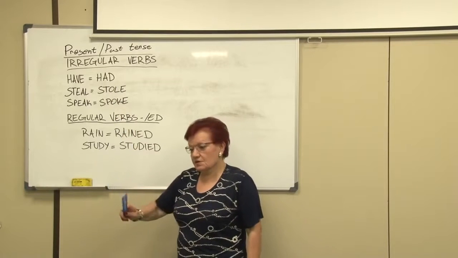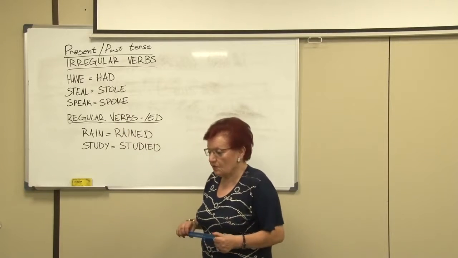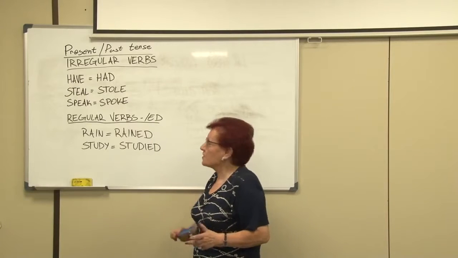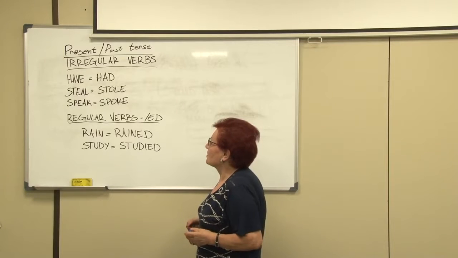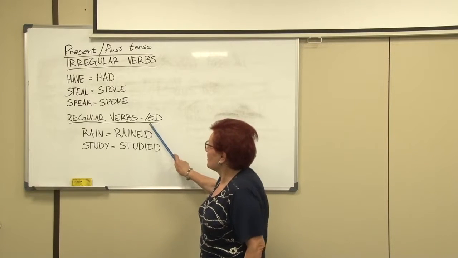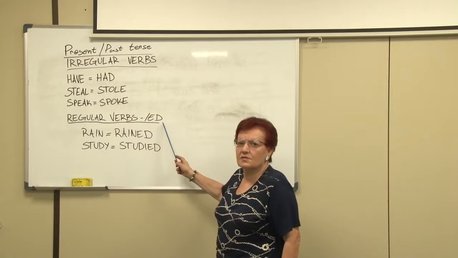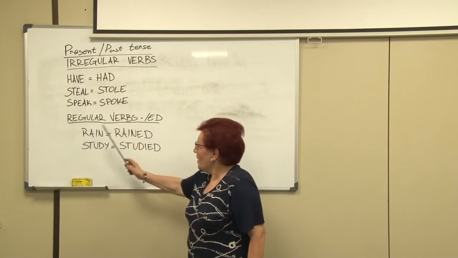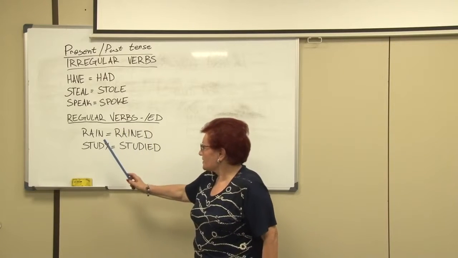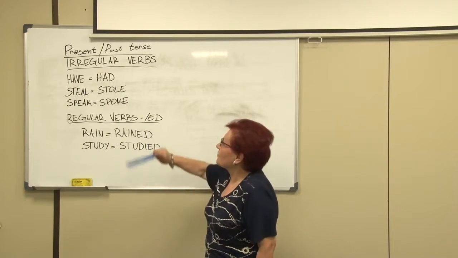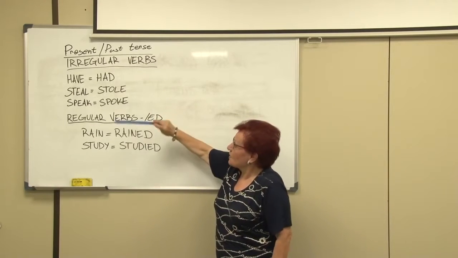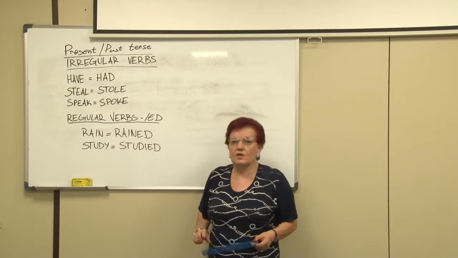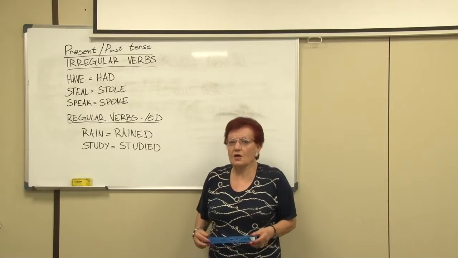From the previous five sentences as examples, I mentioned that we have irregular and regular verbs. Regular verbs in the past simple tense usually take ed: rain, rained; study, studied. But with the irregular verbs we have another situation, because there is no other way than to learn them by heart.